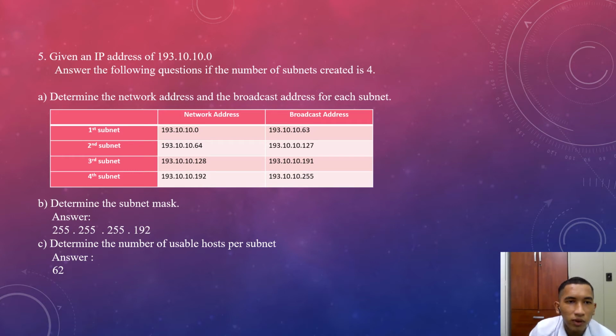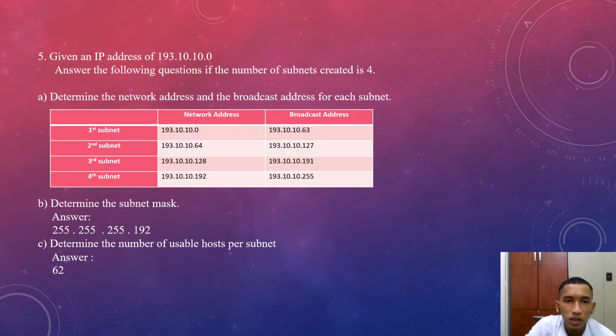For question number 5, given an IP address of 193.10.10.0, answer the following questions if the number of subnets created is 4. Question A: determine the network address and the broadcast address for each subnet.